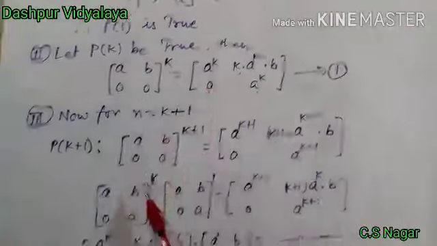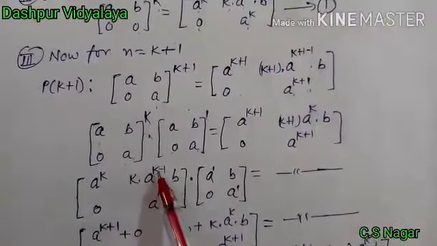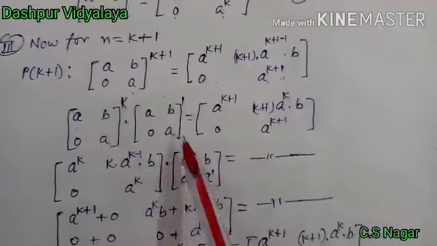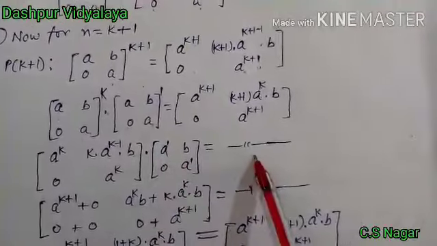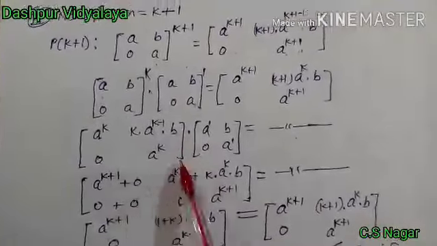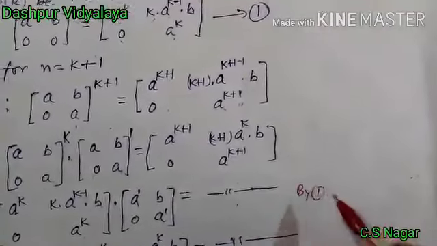So [[a^k, k a^(k-1) b], [0, a^k]], and matrix A as it is, and the right side also as it is. This is our target, by equation number 1.